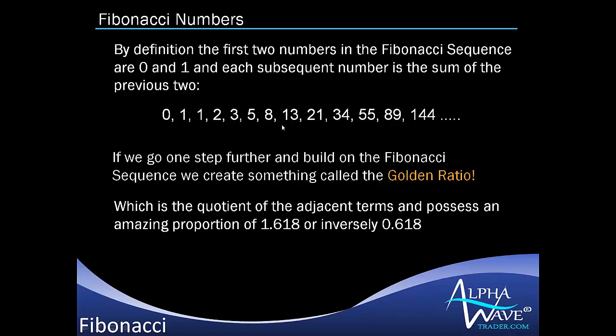On oil I would never use anything less than 8 because oil is wild, and therefore the smallest number is 8. The trade entry on 5 will have the smallest stops and smallest targets. 21 would be 4 times as big: big as a range, big as the stops, big as the targets.